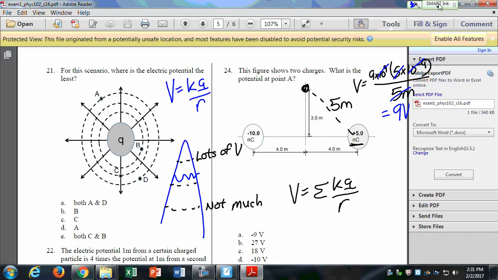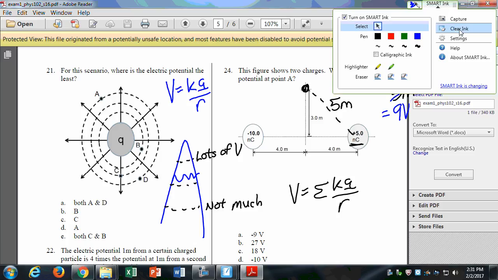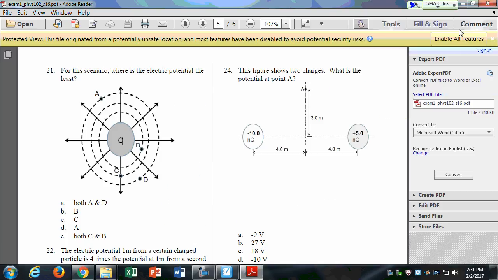Make sure you go through your OpenStax quizzes once you get the solutions to them, because I did pull 3 or 4 questions that are almost verbatim. I changed the numbers, but almost verbatim. They're not wonky questions. They're stuff like we did in class, but I pulled them from the OpenStax.